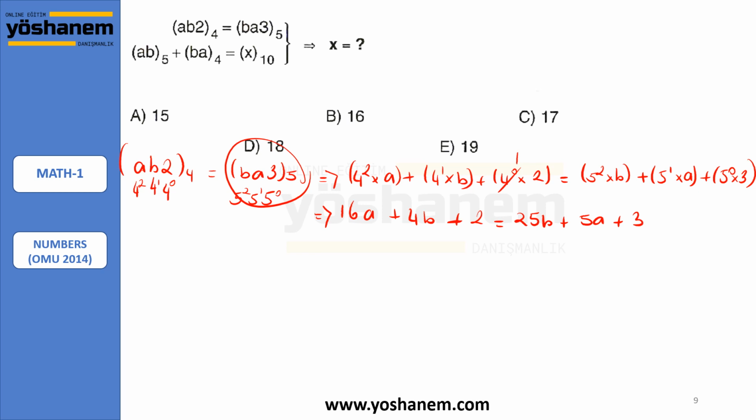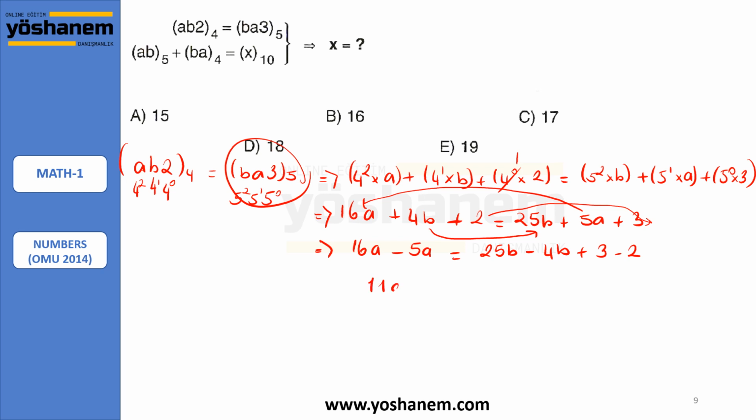Okay, so I'm gonna gather a and b each part. So 16a minus 5a equals 25b minus 4b, plus 3 minus 2.